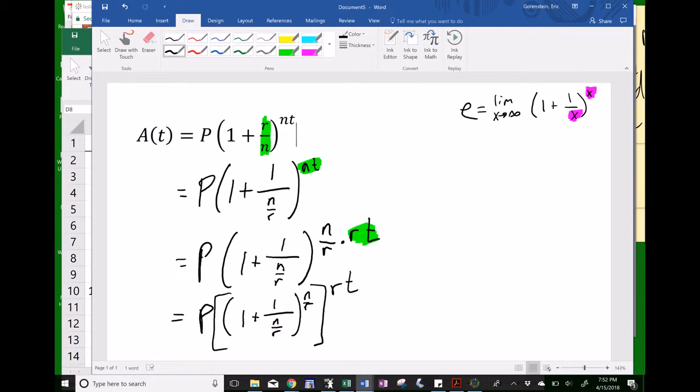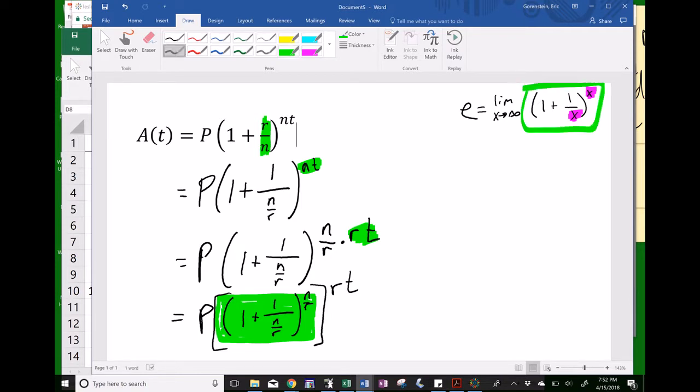So what we've done is we've manipulated the formula for compound interest to contain the definition of the number e. So what I have in this green box here is exactly this.